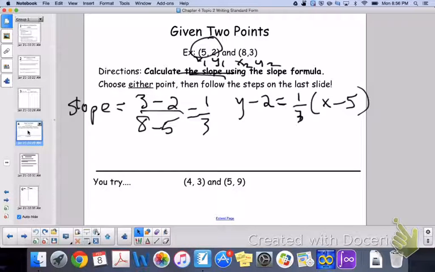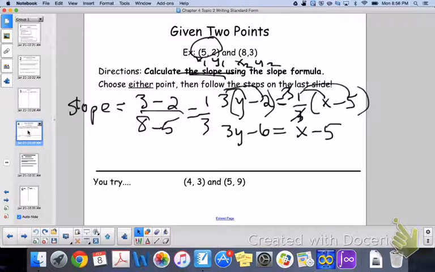Alright, now follow the steps on the last slide. So we multiply both sides by the denominator. Since we have a fraction, the 3's cancel. On the left, we're distributing the 3, so it's 3y minus 6. On the right, we're distributing the 1, so it's 1x minus 5. From there, we need to minus the x and bring it over. That cancels. We're going to add the 6 and bring that over.